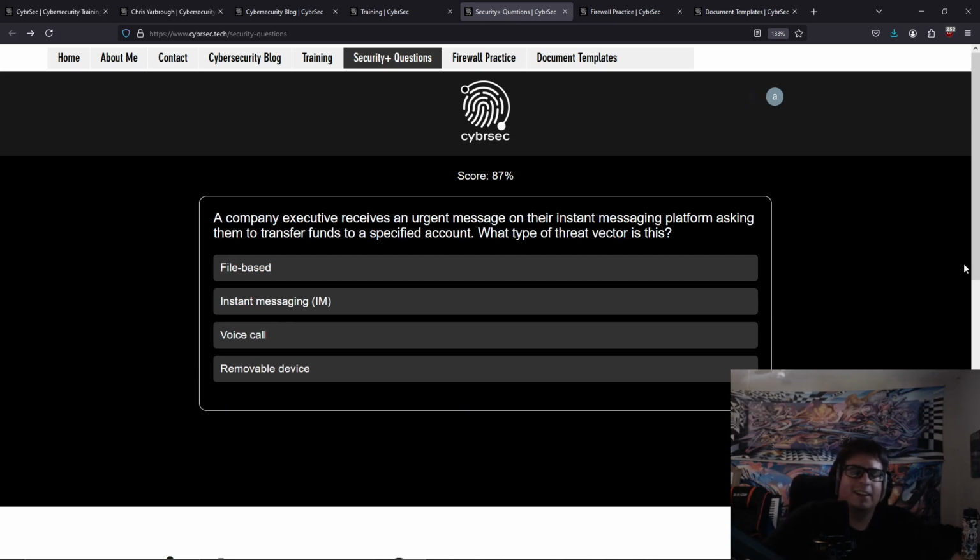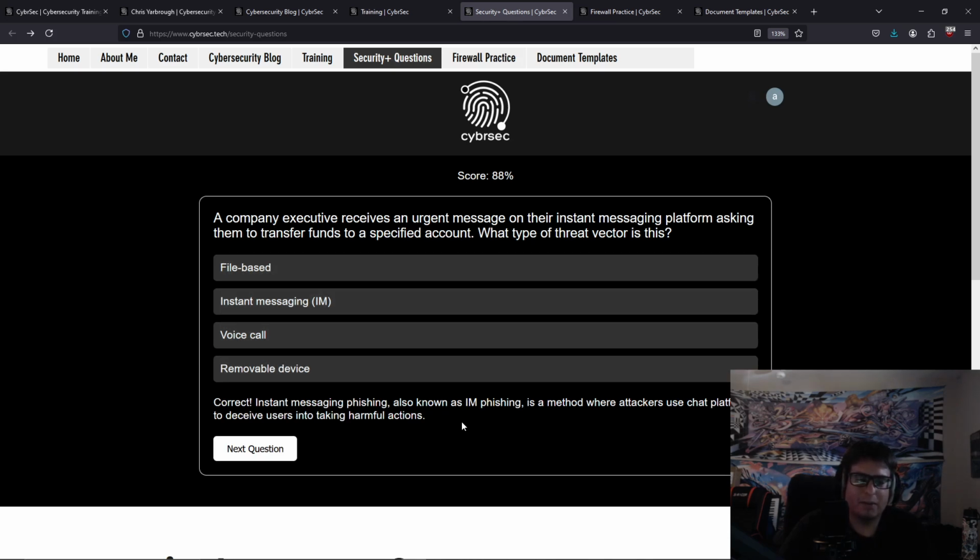A company executive receives an urgent message on their instant messaging platform asking them to transfer funds to a specified account. What type of threat vector is this? So since it was instant messaging, it wasn't video call or removable device, so it's got to be, come on, buddy.